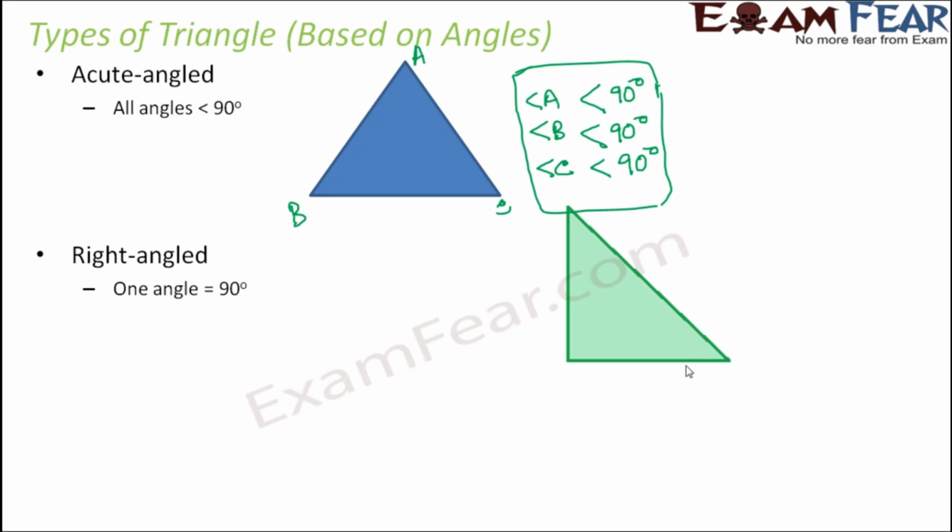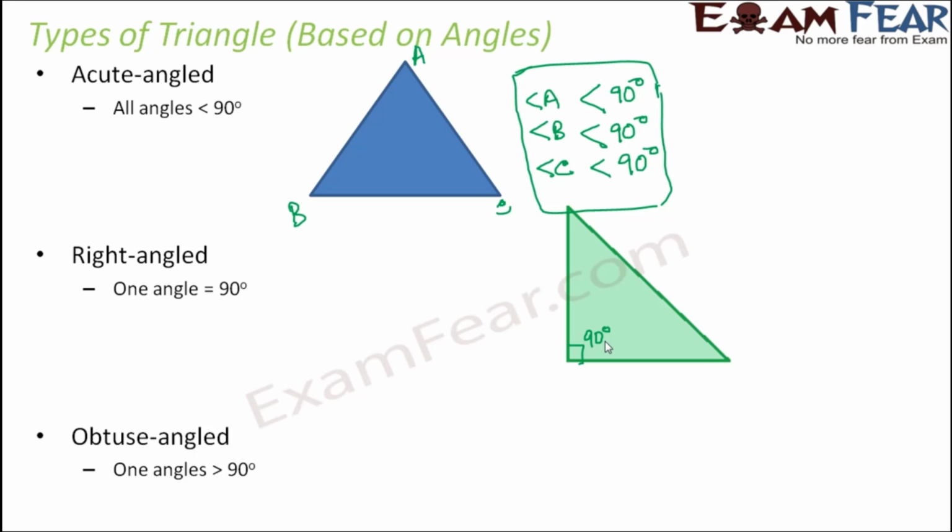Now if two angles are 90 degree, that means the third angle has to be 0, right? But that is not possible. How can we make the third angle 0? So therefore, we can never draw a triangle with more than one angle equal to 90 degree. So at the max, only one angle can be 90 degree. So any such triangle where one angle is 90 degree, that is called a right-angled triangle.